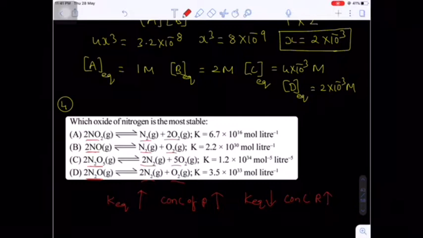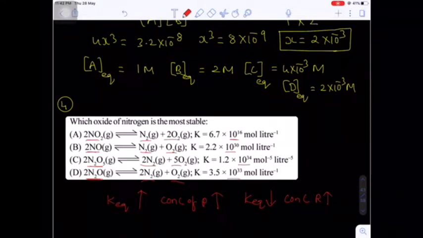Now in the 4 options, where will the K equilibrium be small? First option, 10 raised to 16 is there, 10 raised to 30 is there. Second option, 10 raised to 34 is there, 10 raised to 33 is there. So among the 4 options, 10 raised to 16 is the lowest value.